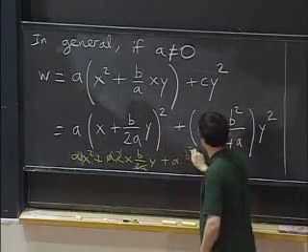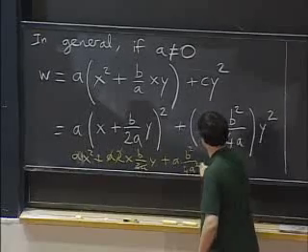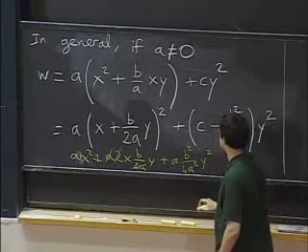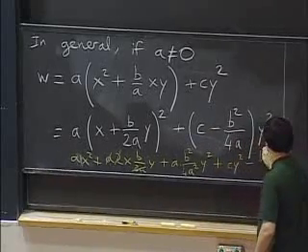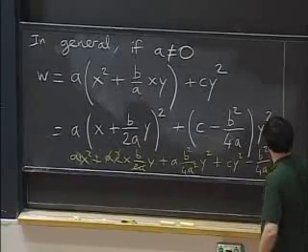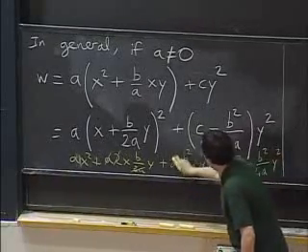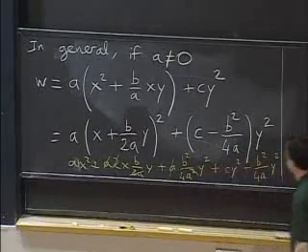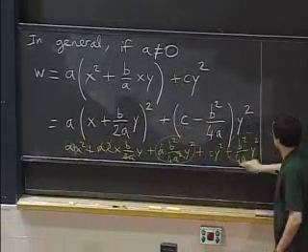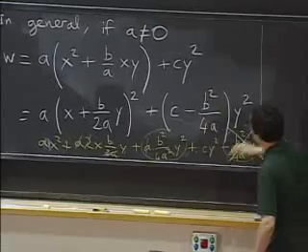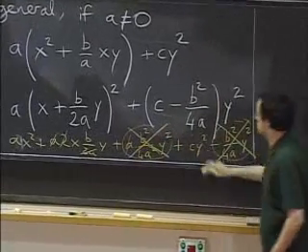That's going to be b squared over 4a squared y squared, plus cy squared minus b squared over 4a y squared. Here the a and the a simplify, and now these two terms simplify and give me just cy squared in the end.